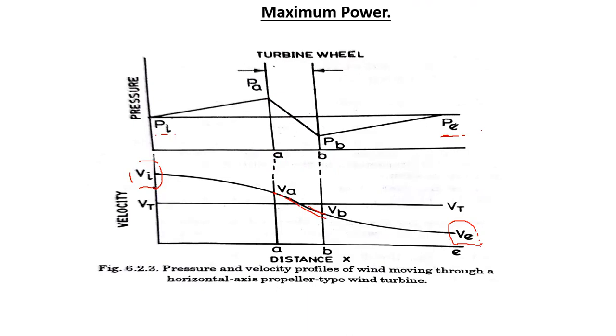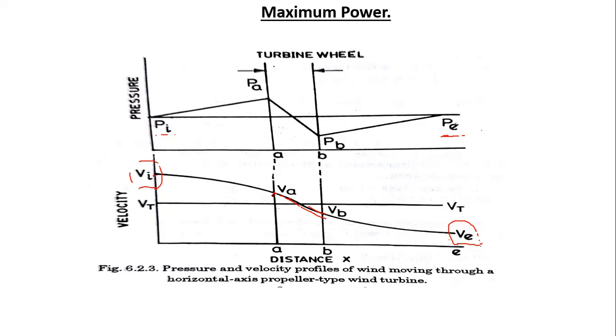Suppose we are taking incoming velocity Vi. If you observe this Vi, it will be gradually decreasing from the Vi point to the Va point as it approaches the turbine at Va.